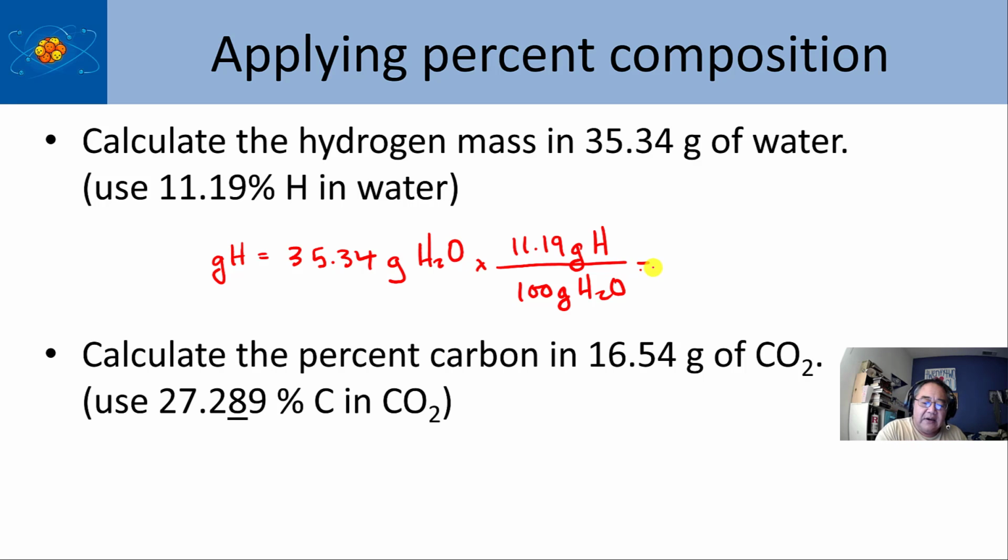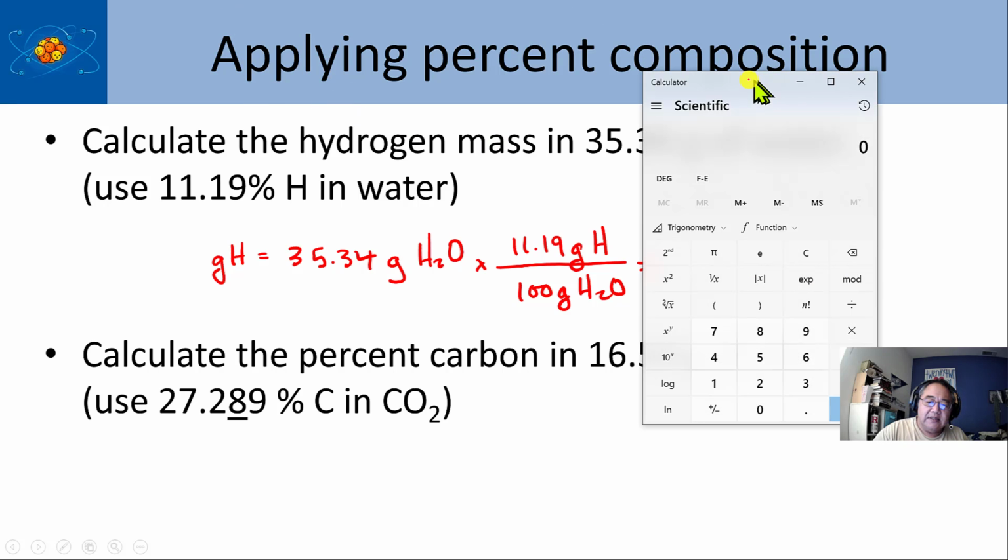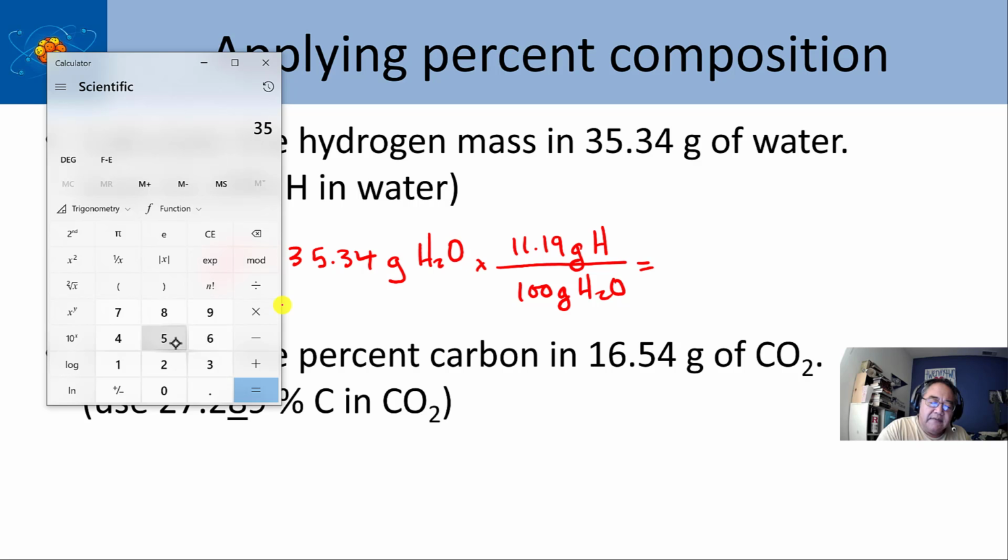So if I do this calculation, and then I'll pull this out just so you can see it, 35.34 times 11.19 divided by 100, and that comes out to be 3.95 grams.